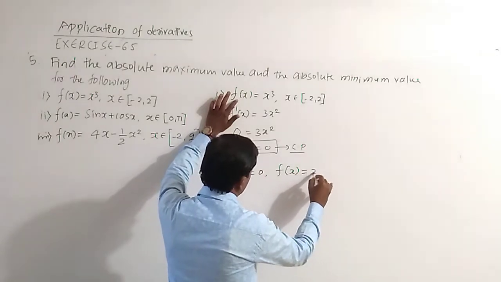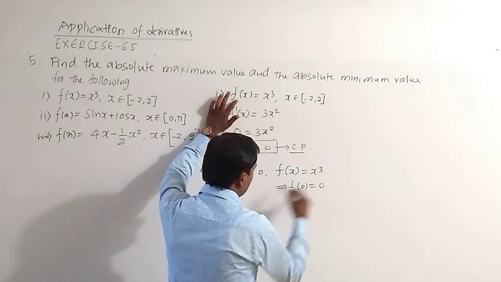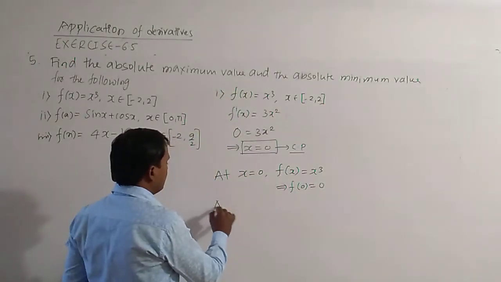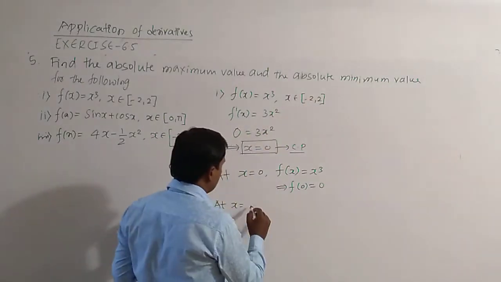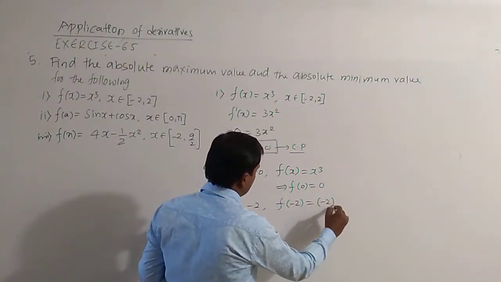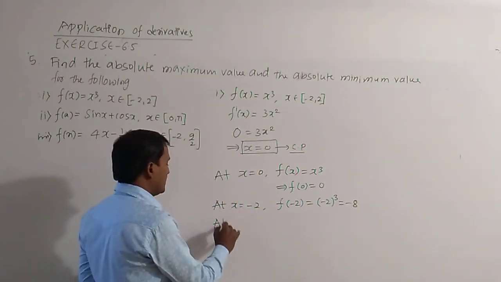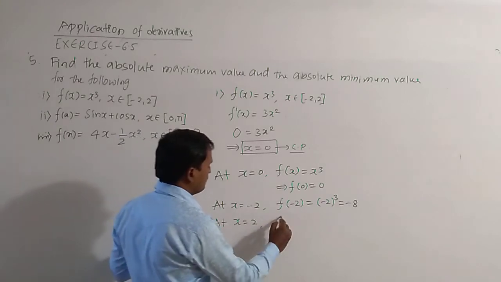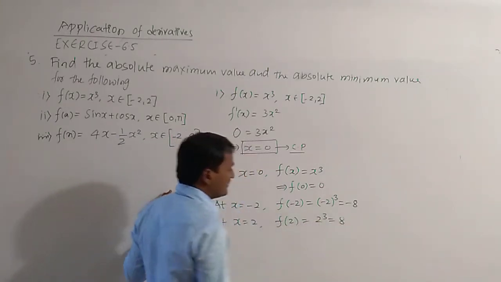F of x equal to x cube, so this implies f of 0 is equal to 0, right? Now I will take x equal to how much? At x equal to minus 2, f of minus 2 is equal to, what is the answer? Minus 2 whole cube is equal to minus 8. And at x equal to 2, right? So f of 2 is equal to 2 cube, that is nothing but 8.